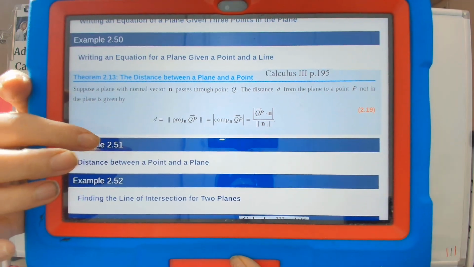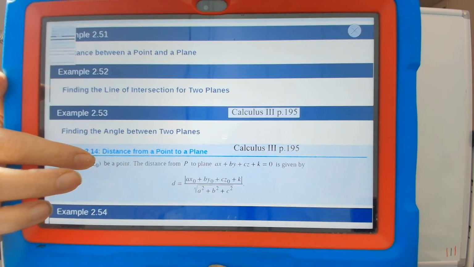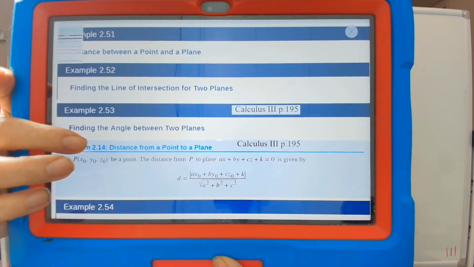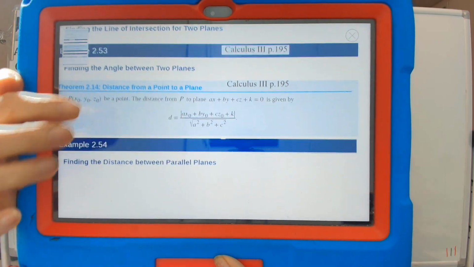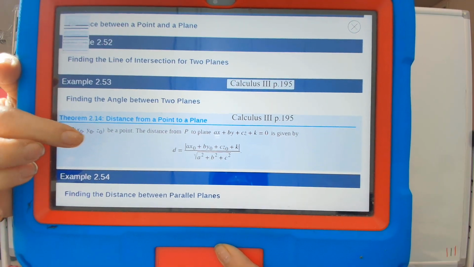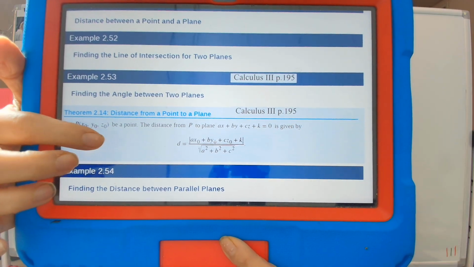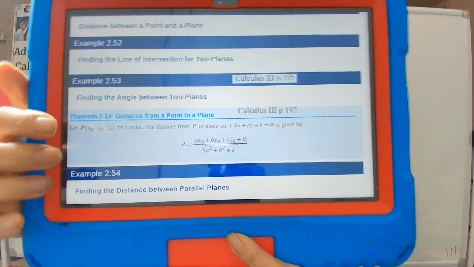Anyway, let's move on. And the line of intersection of two planes, angle between two planes, and distance from a point to a plane. We will be doing that today, okay? But that was done before, as you notice. And finally, distance between parallel planes. We didn't really do that.